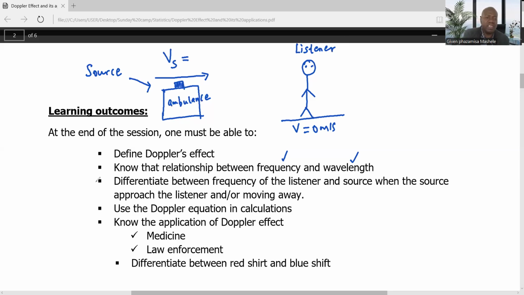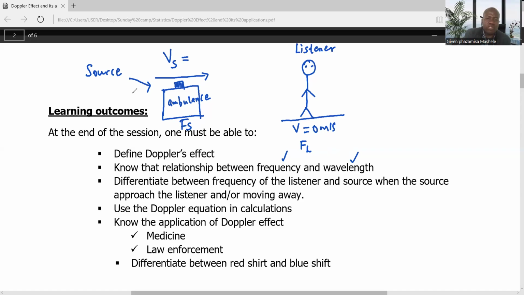And since he's the listener, what do you think will happen to the frequency heard by the listener? This FL represents the frequency heard by the listener. Then the Fs is the frequency of the source. So Fs is the frequency of the source, FL is the frequency of the listener.